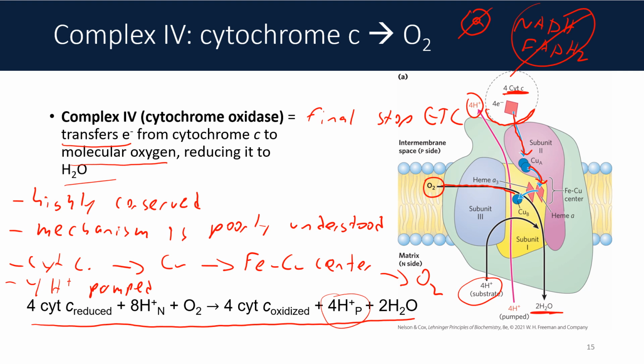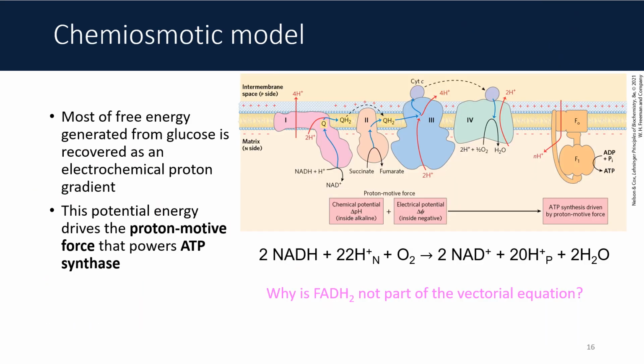The same goes for NADH and FADH2. If they can bind here and drop off their electrons, we're skipping the pumps in complex 1 and complex 3. So yeah, it's kind of annoying to switch up these carriers, but this is actually going to maximize our yield of protons winding up in the intermembrane space. And that's really important for the final step of this entire respiratory process, ATP synthesis.